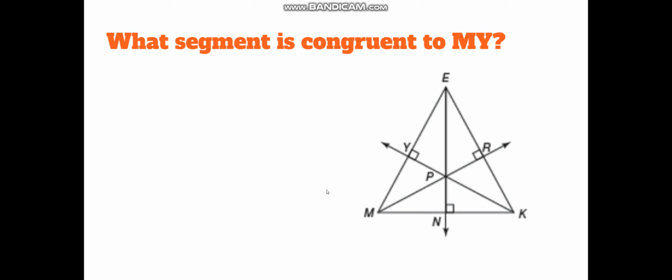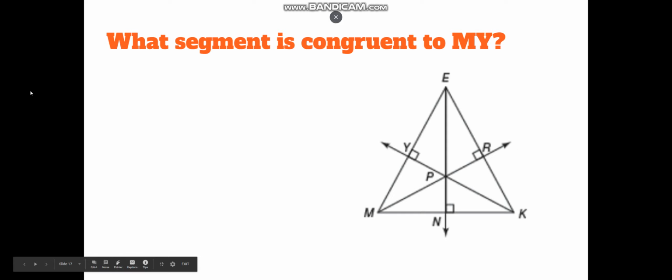Okay, so looking at this figure down at the bottom right, we're given that point P is the circumcenter of triangle EMK. So that is the point where all the perpendicular bisectors intersect, which also tells us that all of these rays that are being drawn out are the perpendicular bisectors.